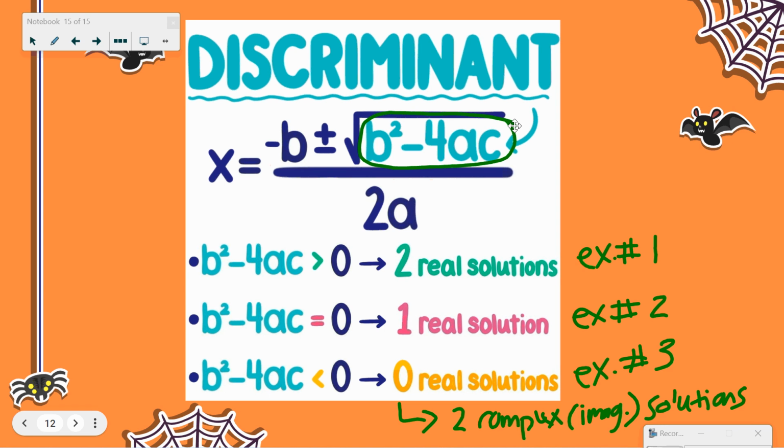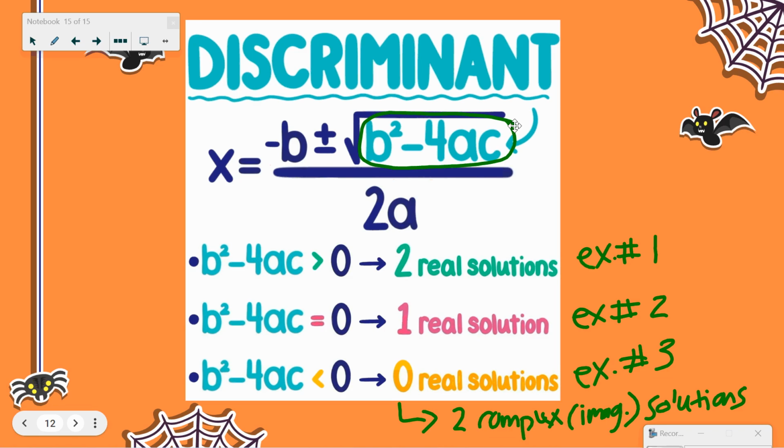What questions do you guys have here? So the big thing to note is that the discriminant tells us about what those solution types are going to be. And we can use the quadratic formula to solve anything.